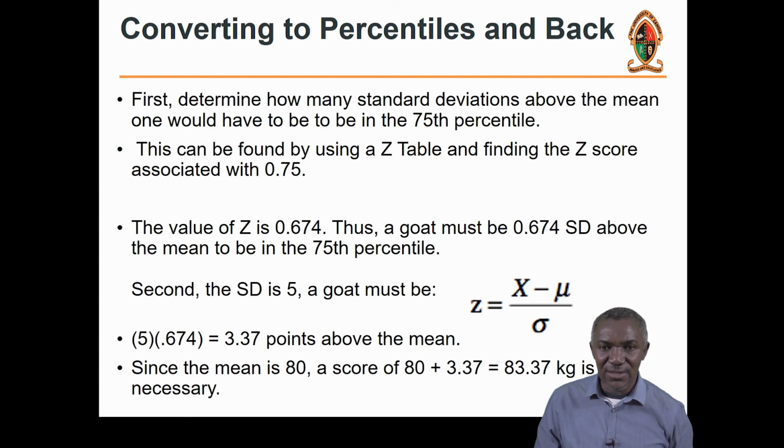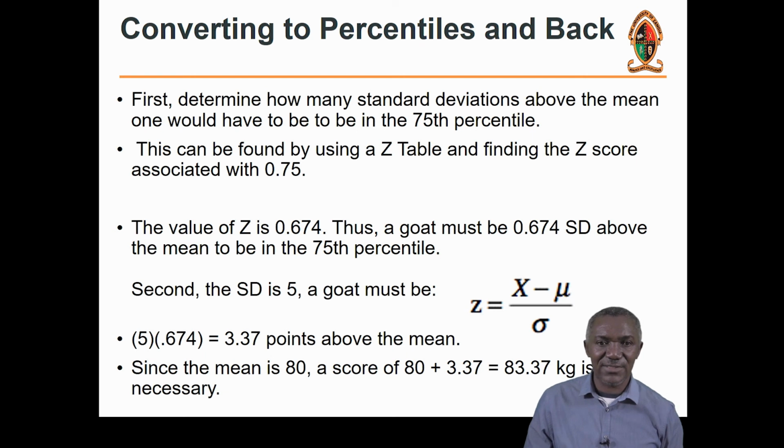In other words, we have the z here, and z will be derived from the table using the percentile rank, which is 0.75. And then we have the standard deviation of 5 and the mean of 80. And so what is x?